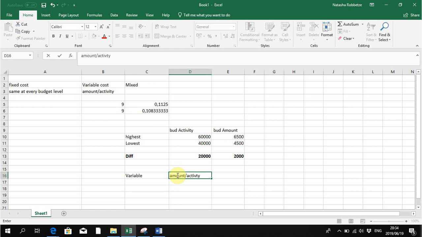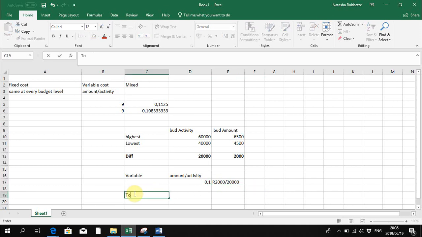And in this instance, I'm now going to use the differences that I've just calculated. So I'm going to say it's 2,000 Rand divided by 20,000 units of activity. And that gives me a variable cost of 0.1 or 10 cents, if you wish. So here I said it is the 2,000 Rand, the amount, divided by the 20,000 units difference.